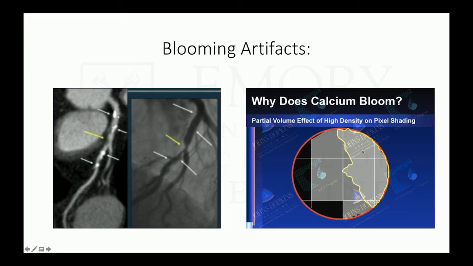And that calcium creates a situation where any voxel, so these are all voxels, that contains any amount of calcium is effectively saturated, meaning the concept of partial volume averaging. So this voxel, which has minimal calcium, is interpreted as, oh, it's calcium. And so really this is your true lumen, but this is what CT is showing. And so it's overestimating the degree of stenosis severity.